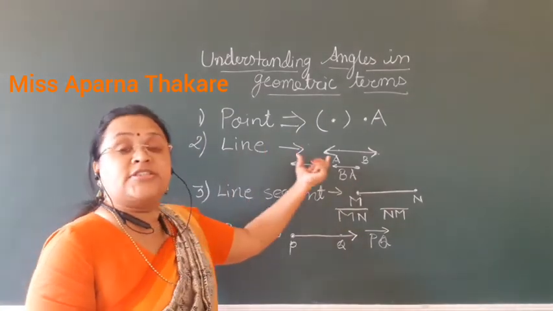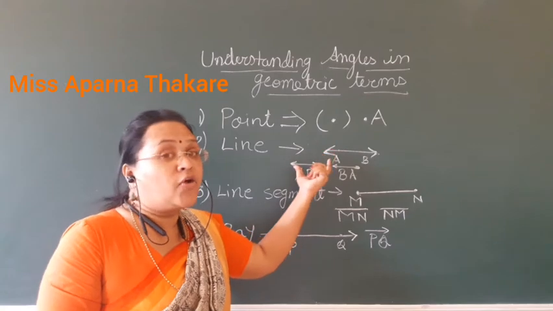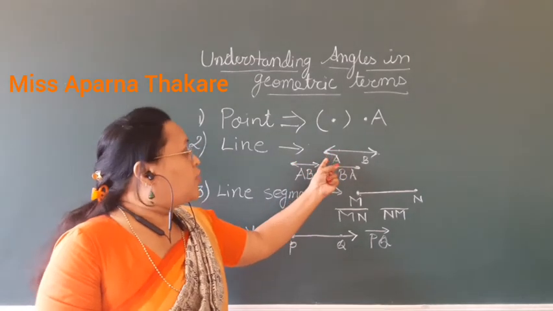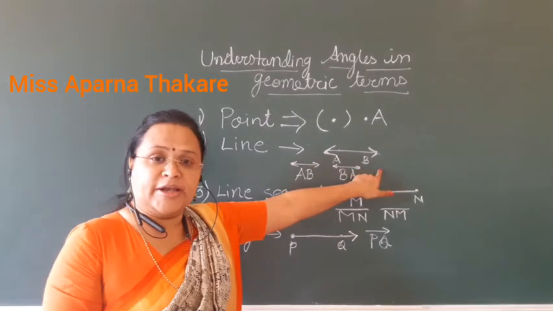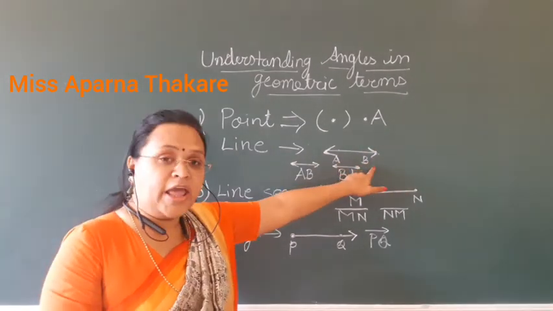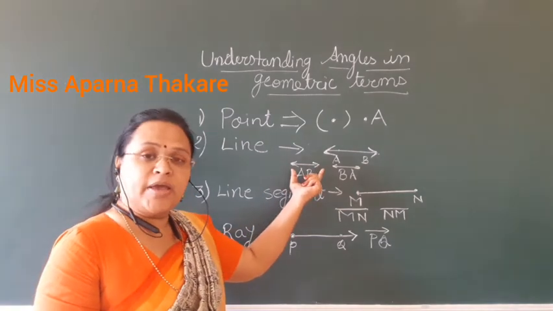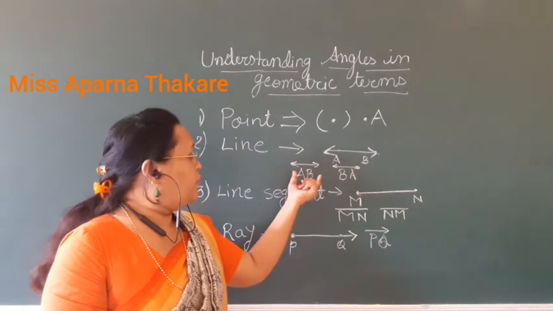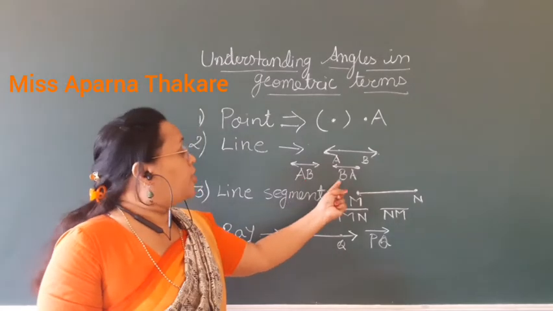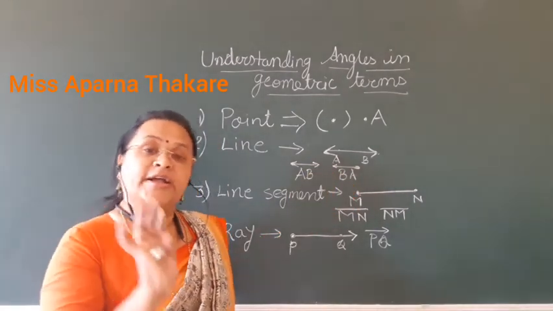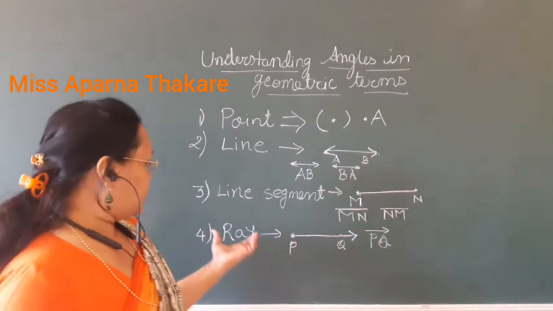A line has endless points, two endless points, from the beginning and from the end. We can say it is line AB, and at the top we put the arrow, or BA. It means AB or BA, it is one and the same.